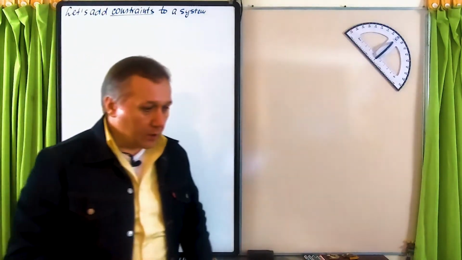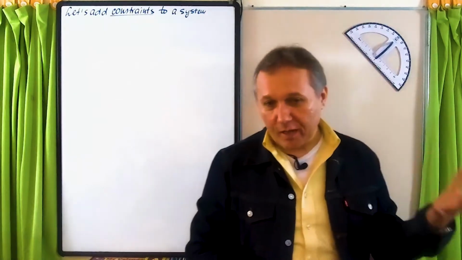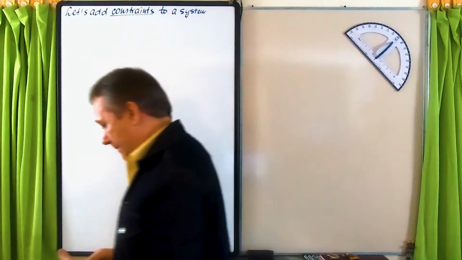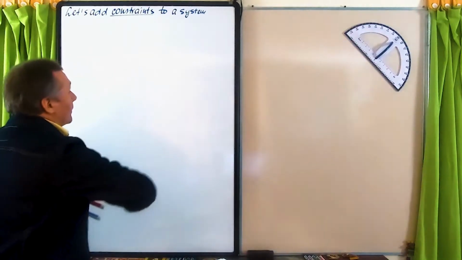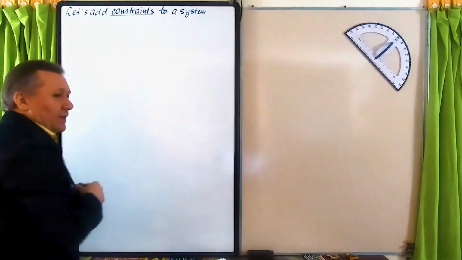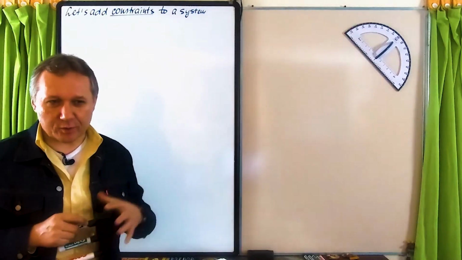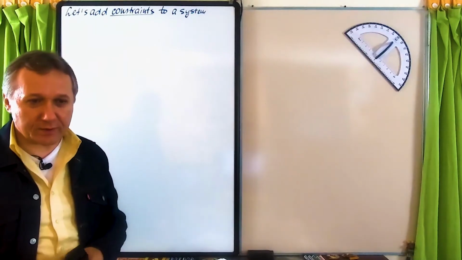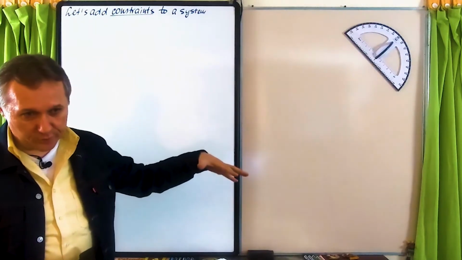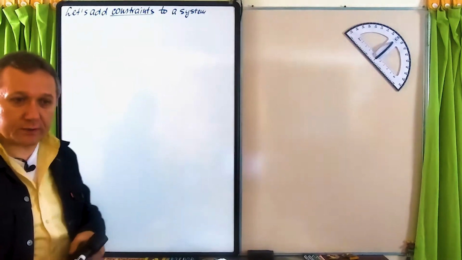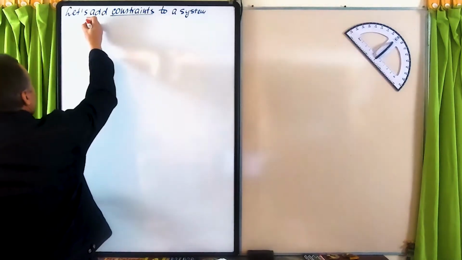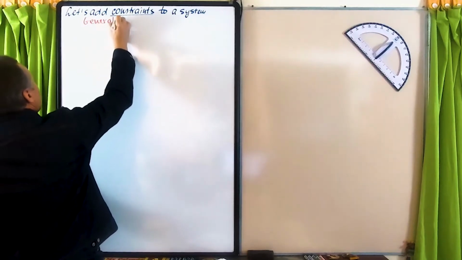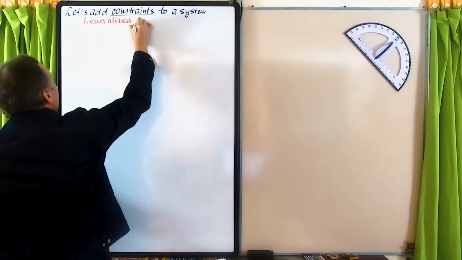And first, let's see what will happen to coordinates. Let me write immediately the title of this small section, and then I will describe what that is. Titled Generalized Coordinates. Now let's introduce generalized coordinates.